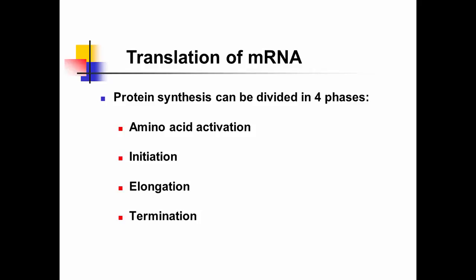I don't want to go into details, but just briefly, the steps of protein synthesis can be divided into four phases: first amino acid activation, and then initiation, elongation, and termination. So four different steps.